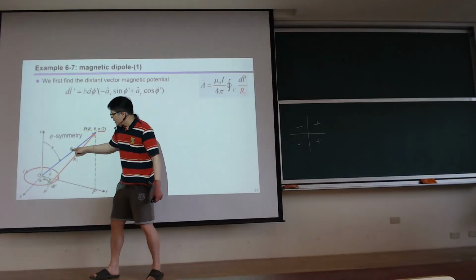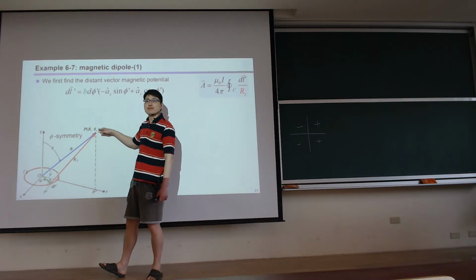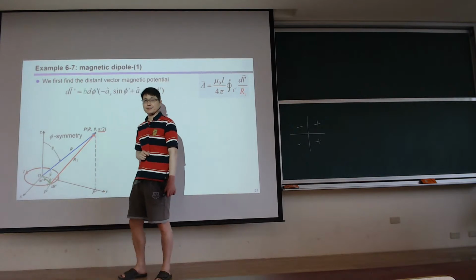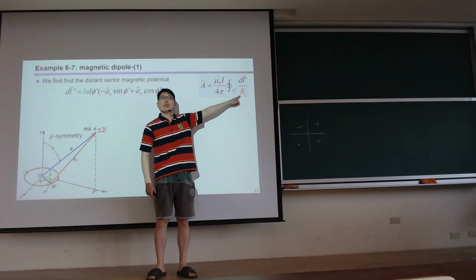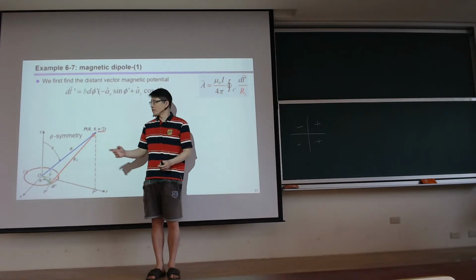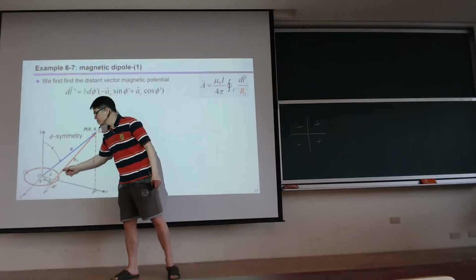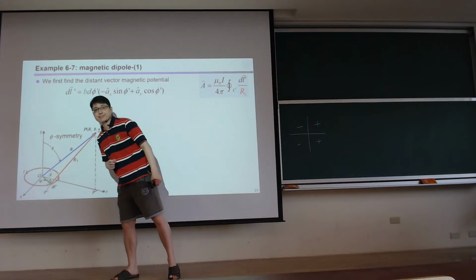So this R is the distance from my observation point to the origin. But here, what I need is R1. R1 is the distance from my observation point to the differential segment I'm trying to investigate.